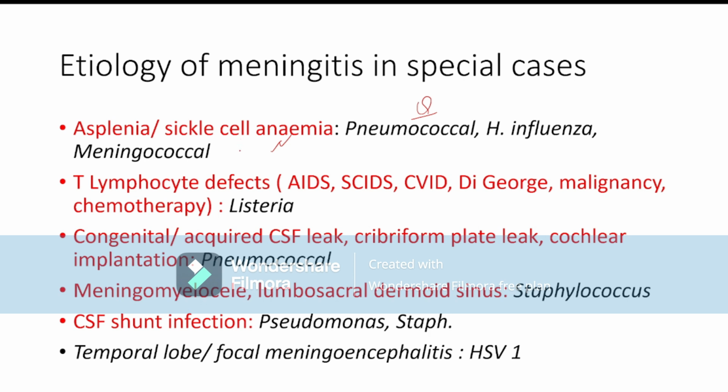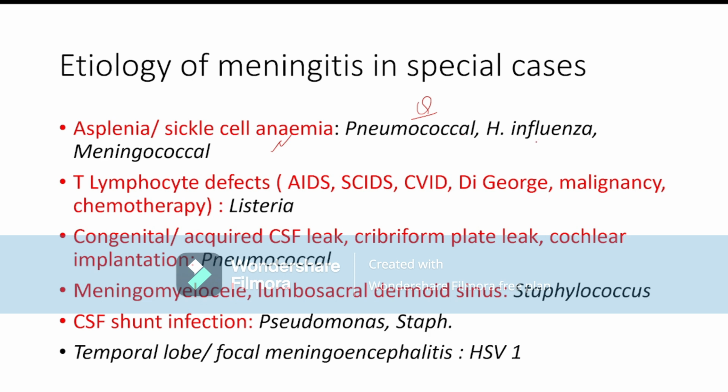The organisms most commonly killed by the spleen are the encapsulated organisms. So all the encapsulated organisms mainly cause meningitis if the child is suffering from asplenia or sickle cell anemia, because in sickle cell anemia the spleen has dysfunction. So the most common organism is pneumococcal bacteria.